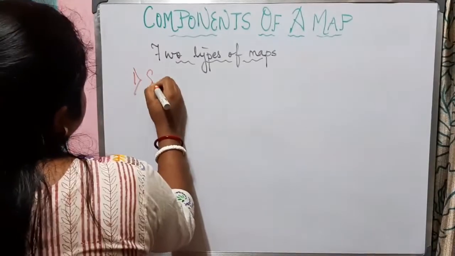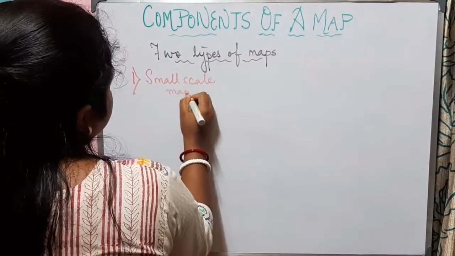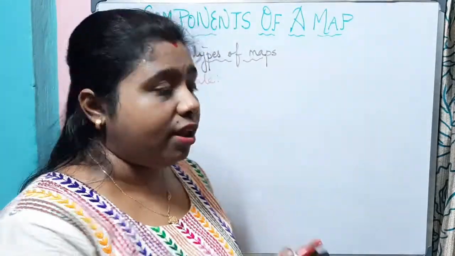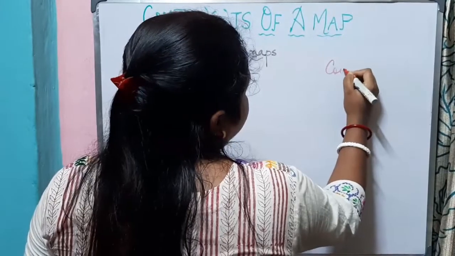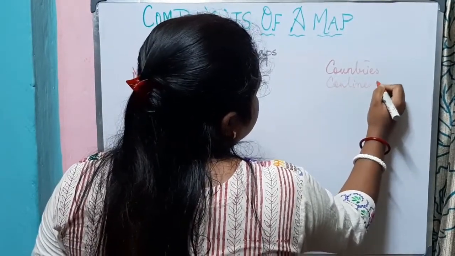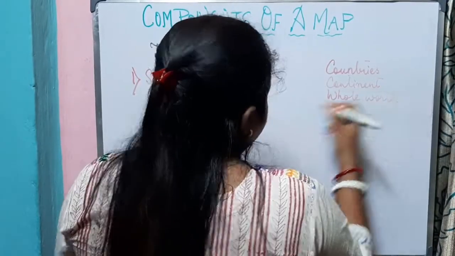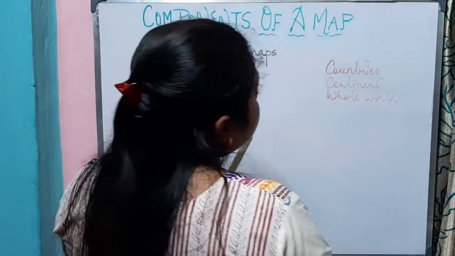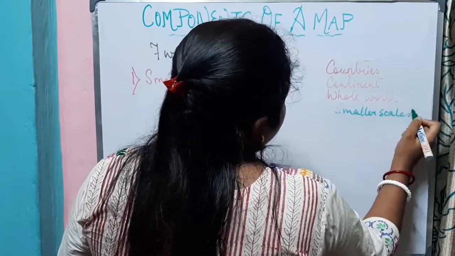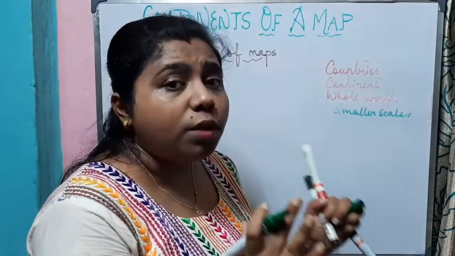Number 1, the small scale maps. Now, suppose I have to show a larger area, that means countries or a particular continent or the whole world. Then we use smaller scales because we are drawing the countries, continents or the whole world on a small piece of paper.